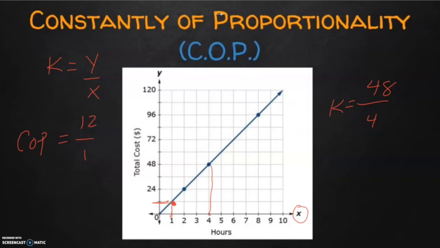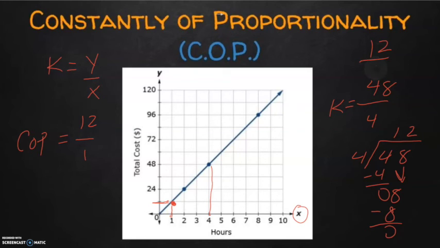How do we do that? We could just simply divide. And once you do that, you will see here that you will get 12. But notice, any constant, we could put that over 1 and it will be the same thing.